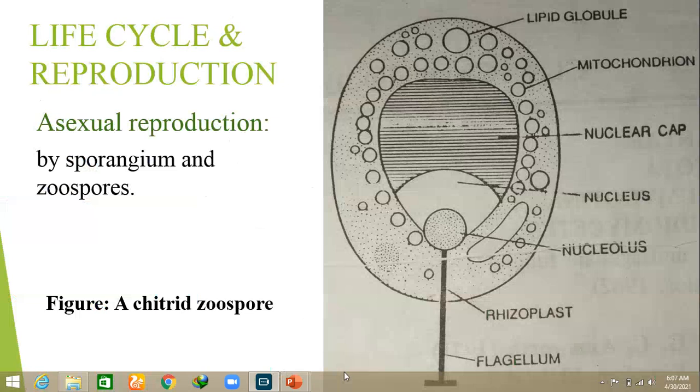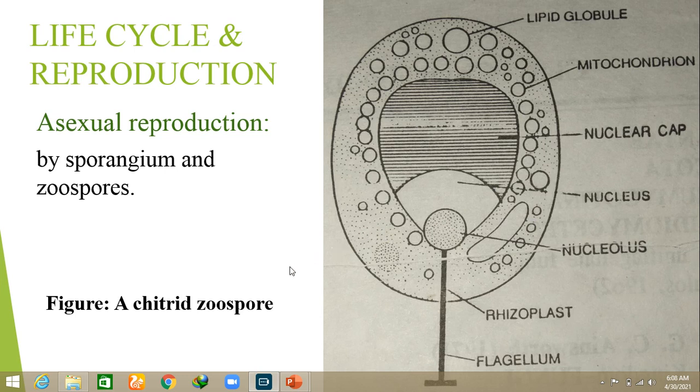Then is life cycle and reproduction. Firstly, asexual reproduction. Both types of reproduction occur in Chytridiomycota, asexual and sexual. In asexual reproduction, it takes place by means of sporangium and zoospores. This is a sporangium. You can see this is a zoospore, chytrid zoospore.